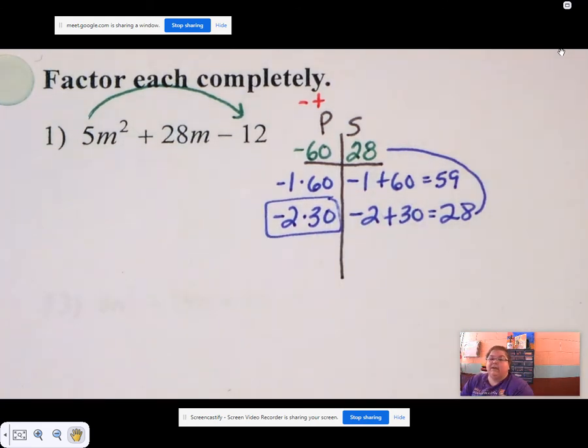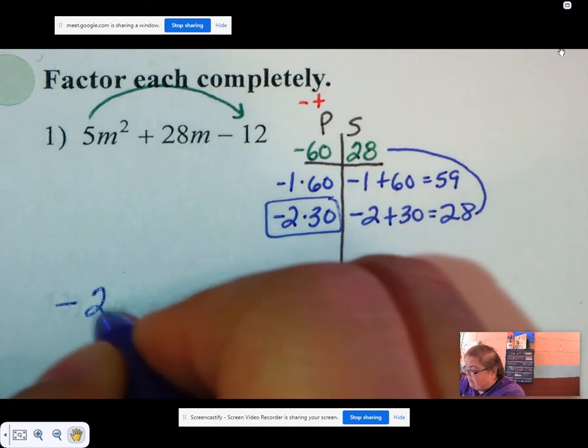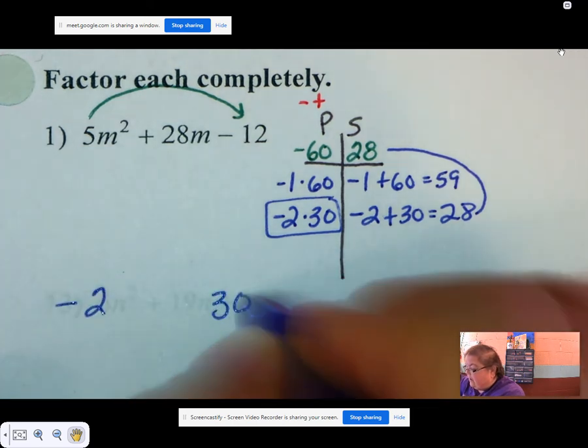Not different yet. However, in the steps that we added to our notes, it says, determine the factors and then what? Set them up as fractions. Negative 2 and 30.